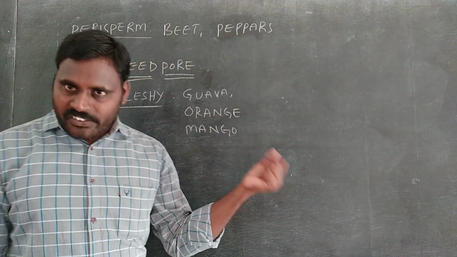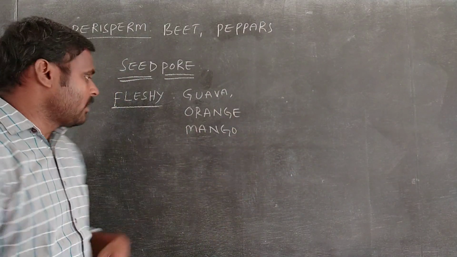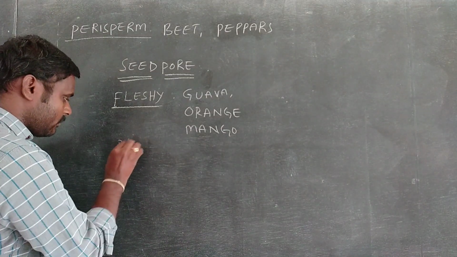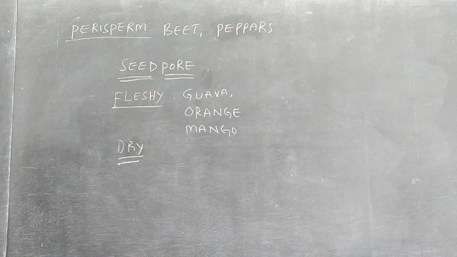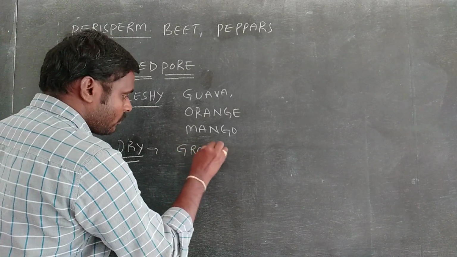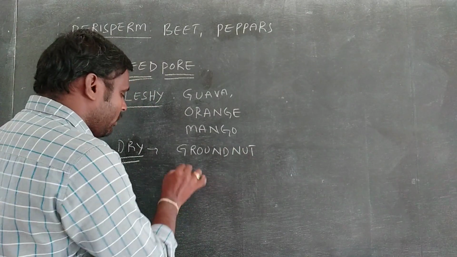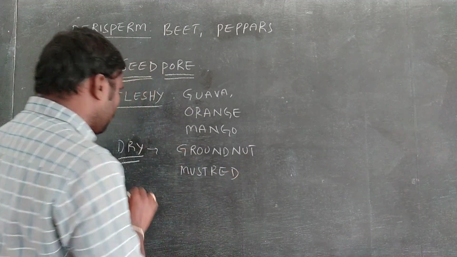If the pericarp is tough or dry, those fruits are called dry fruits. Examples for that are groundnut and mustard.